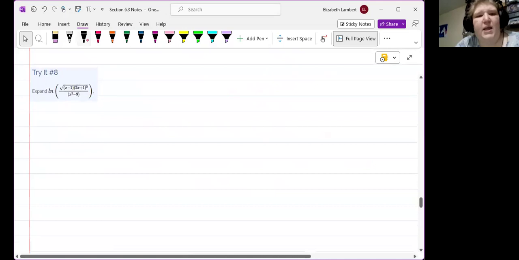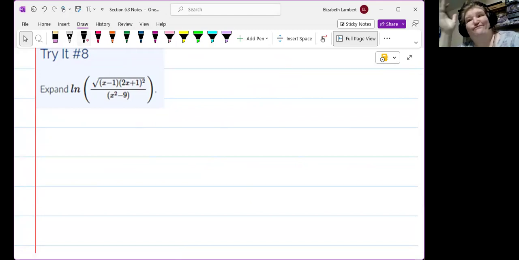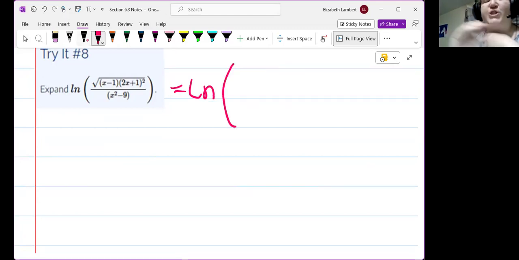All right, we got one more. This one, for some bizarre reason, decided, hey, let's put a big square root. All right, so before we even deal with the natural log, we're just going to deal with rewriting that in a form that makes sense with what we know we have to do next.